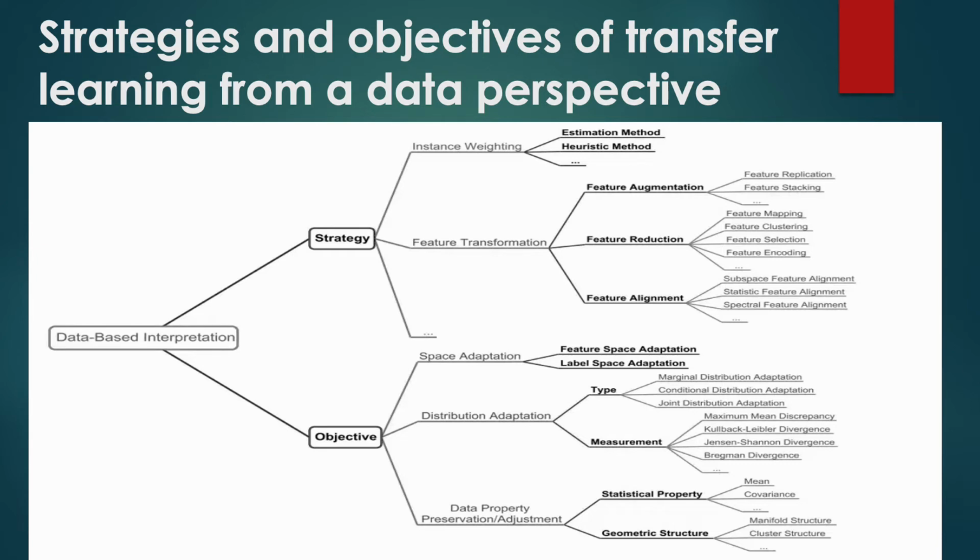Now let's talk about the feature transformation strategy. Let's consider an example of cross-domain text classification. This particular task involves constructing a target classifier using labeled text data from a related domain.